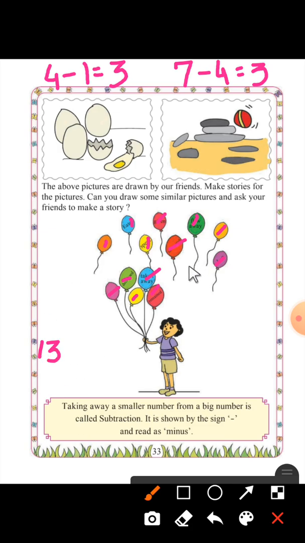From these 13 balloons, how many balloons blow away? 1, 2, 3, 4, 5, 6, 7, 8. 13 minus 8 is equal to how many balloons are there in his hand? 1, 2, 3, 4, 5.